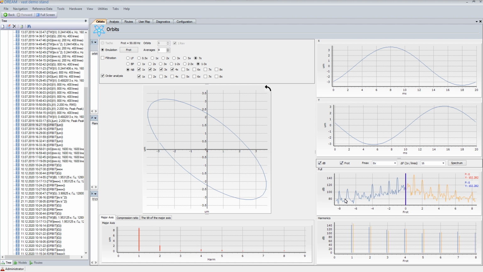What they look at in these spectra is the relationship between negative and positive harmonics of the rotation speed. So we have a cursor that moves symmetrically, and this is the first harmonic of the rotation speed. This is the second harmonic, and what you are interested in is the relationship. If I switch off the dB, and the positive is higher than the negative, it means that you have something like a disbalance.